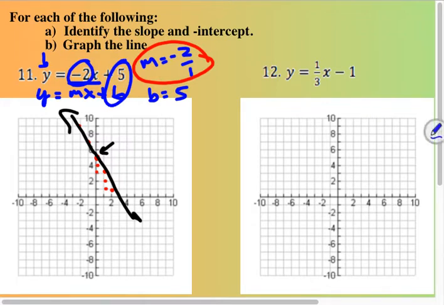Over here, my slope, well, mx. So m is equal to 1/3, and b is my y-intercept, whatever's left over here, your constant. That's negative 1. So here's negative 1. That's what you start out with, your y-intercept. 1/3, so up 1 over 1, 2, 3 right there.